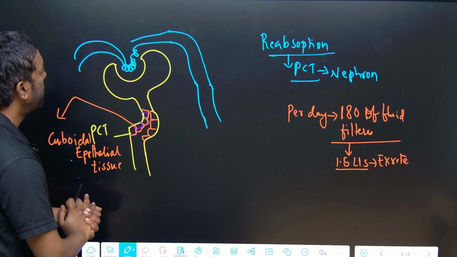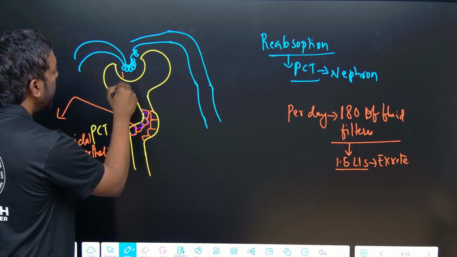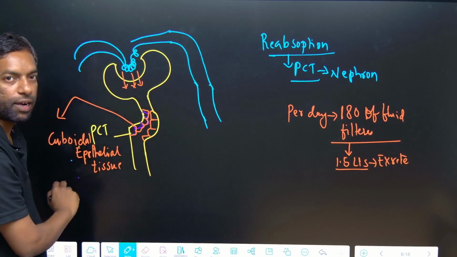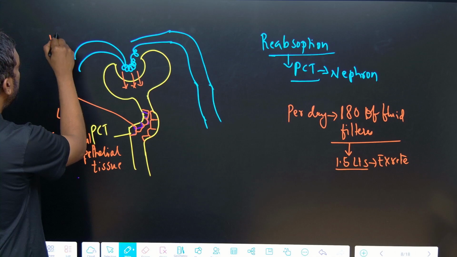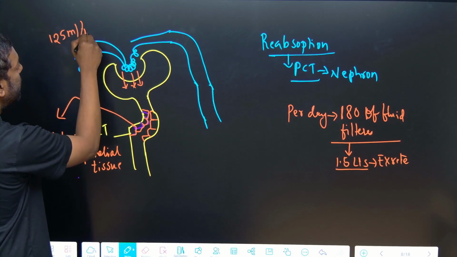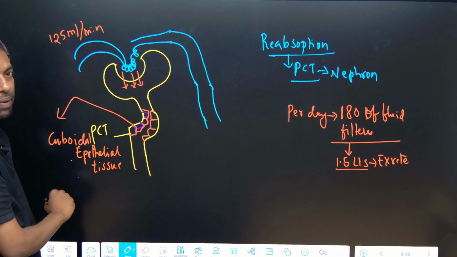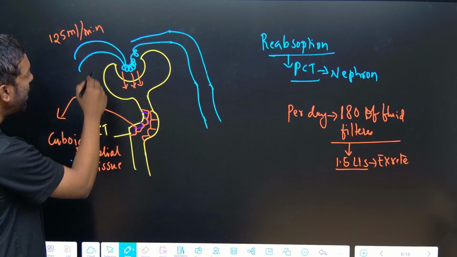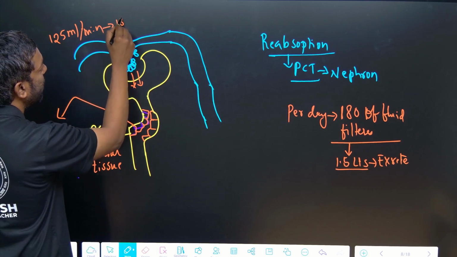Just think, here the net filtration rate is 125 ml per minute. The filtration takes place in the glomerulus, which means 180 liters per day.